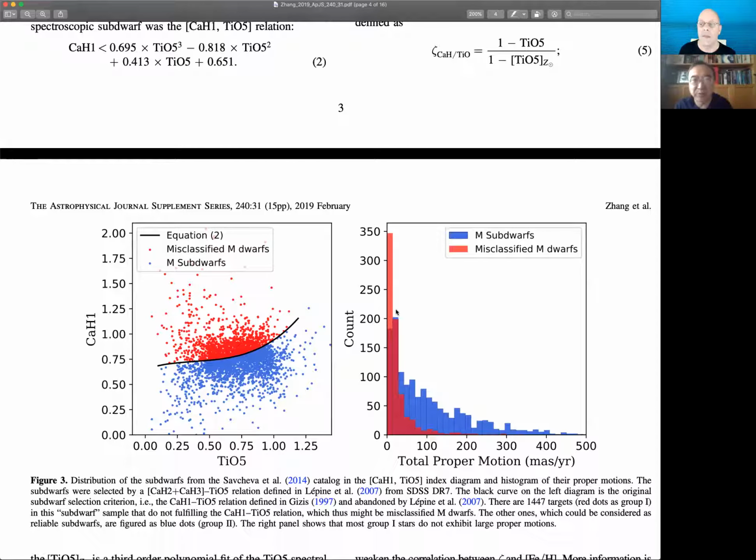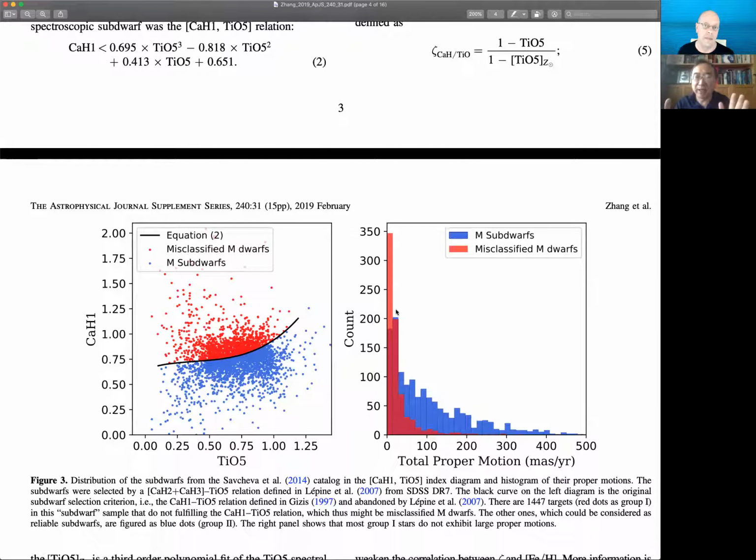Because we want to measure the line indices precisely. So another point is to move the spectrum to the rest frame.